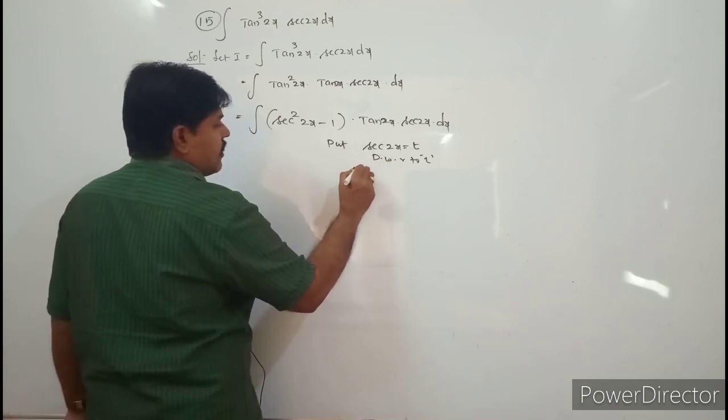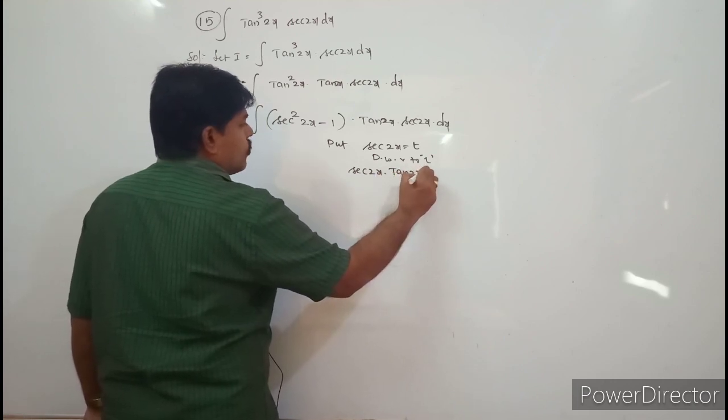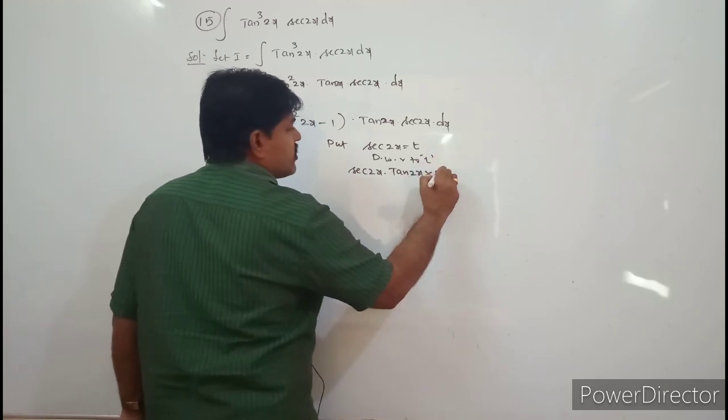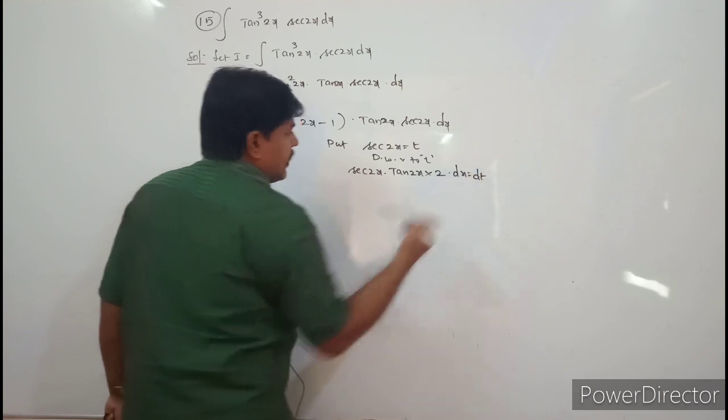So you will get secant 2x into tan 2x into 2x derivative, which is 2 into dx, is equal to dt.